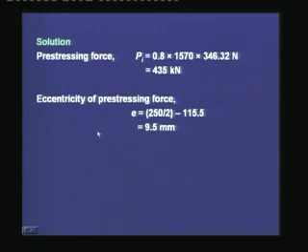The eccentricity of the prestressing force is calculated from the location of the CGC, which is half of the total height, minus the location of the CGS, and the value of the eccentricity is 9.5 millimeters.